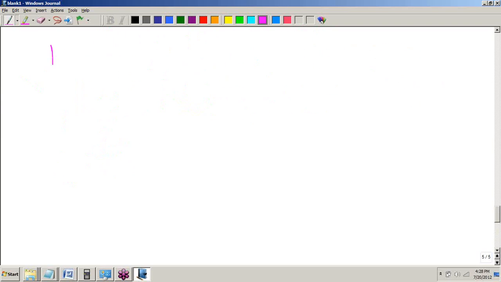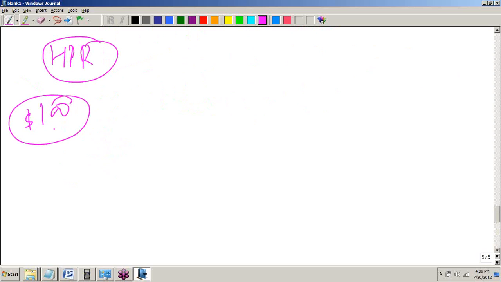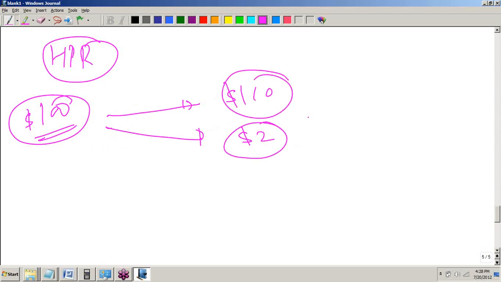Let's try to get the actual feel of a HPR. Suppose you invested $100 in a stock, and after 1 year it became $110, and it also gave a dividend of $2. This dividend is assumed to be received at the end of the period.